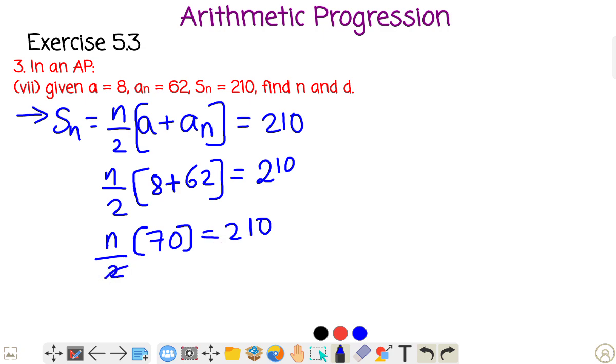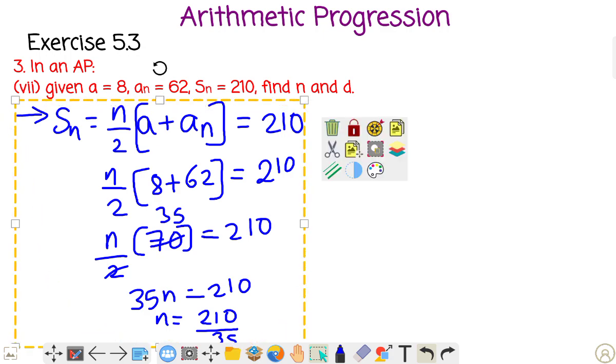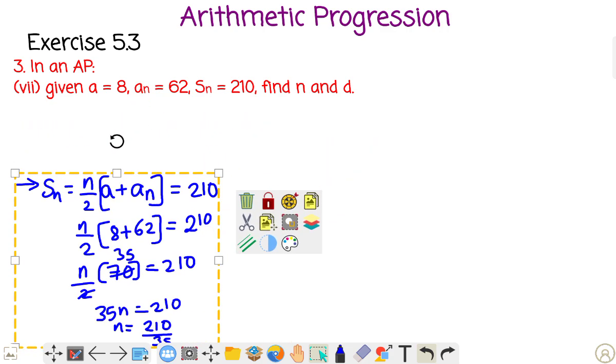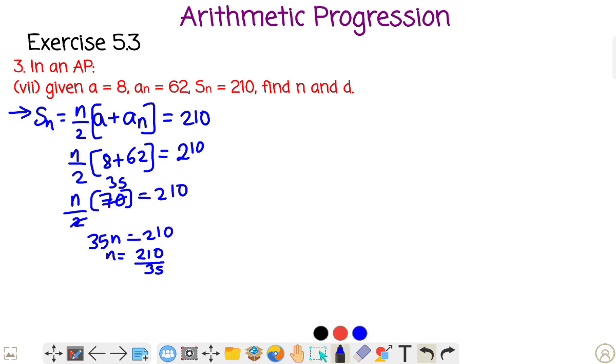So I can cancel with 35s. So 35n is equal to 210. N will be equal to 210 divided by 35. Okay, so n value what I'll get?